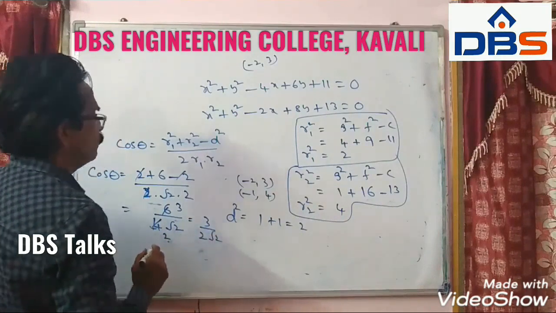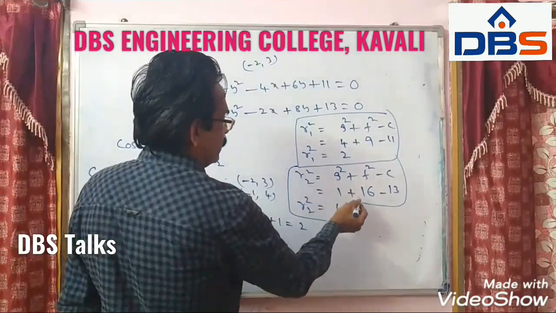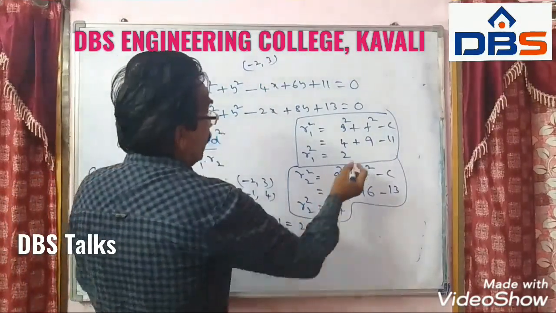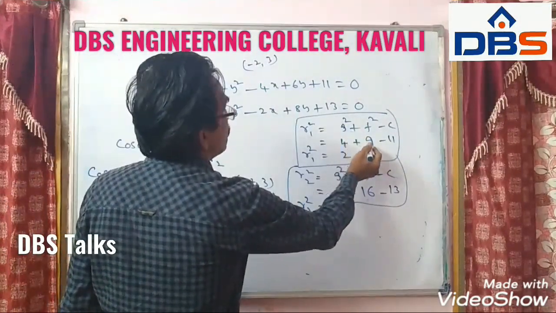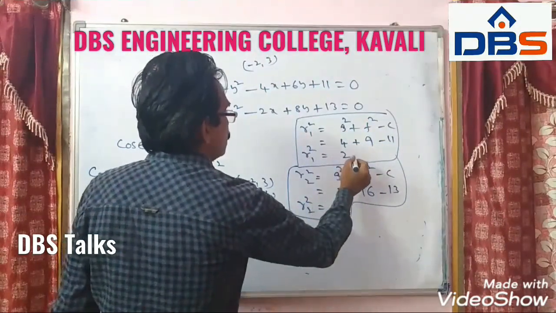Cos theta 3 by... somewhere we went wrong. Let us see. r2 square 4, r2 is 2. r1 square is g square plus f square minus c, 13 minus 11 is 2, r1 is equal to root 2.